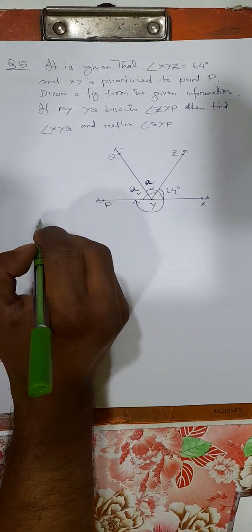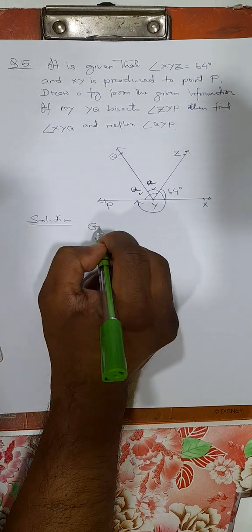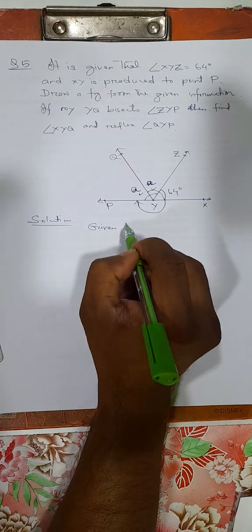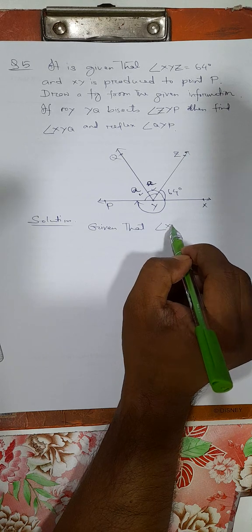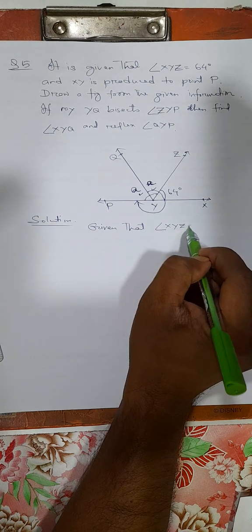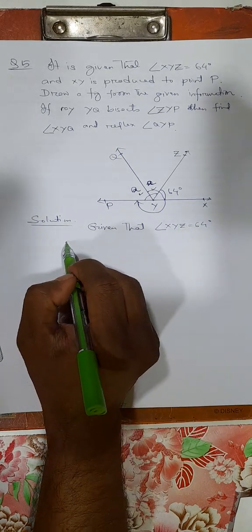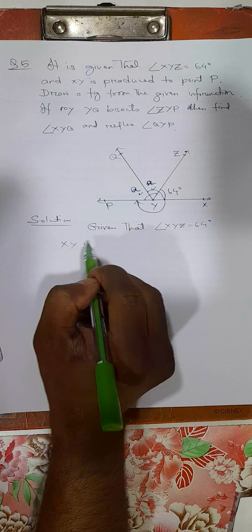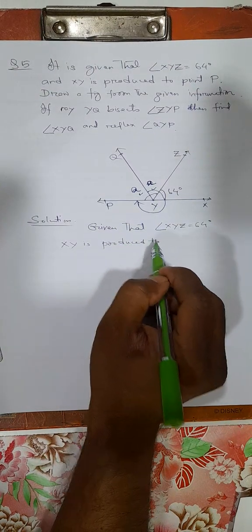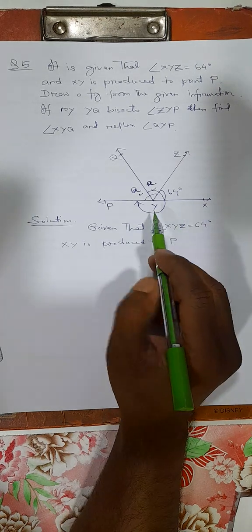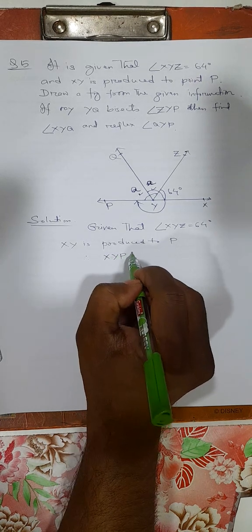So let us solve this. Given that angle XYZ equal to 64 degrees. XY is produced to P. Therefore, XYP is a line.